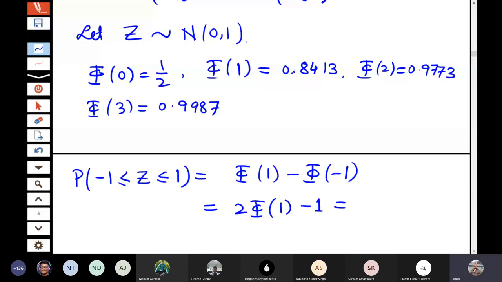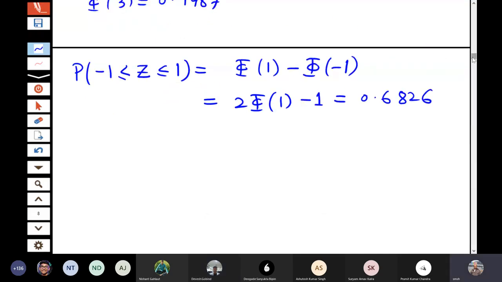Now phi of 1 just now I have written, it is 0.8413. So what value will I get? I will get 0.6826. So it means that from -1 to 1 you have 68% of the probability.